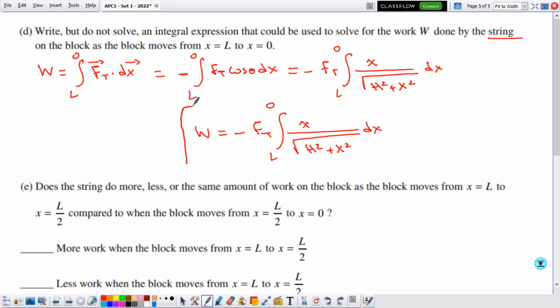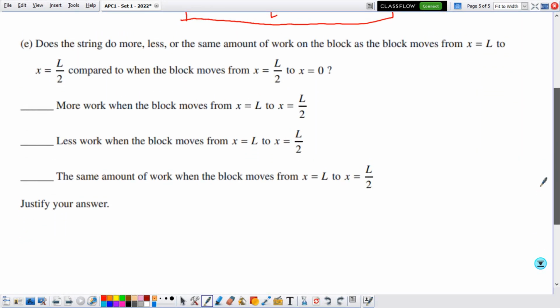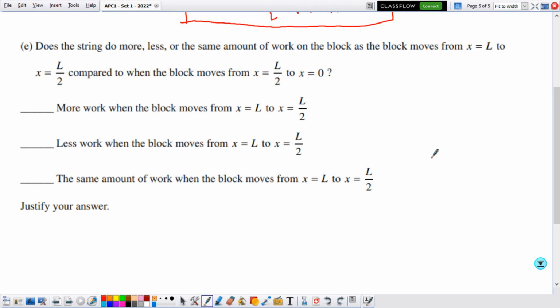Okay, so they have mentioned in the text do not solve.